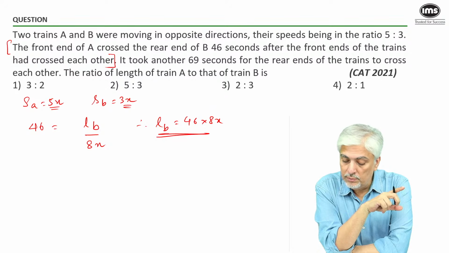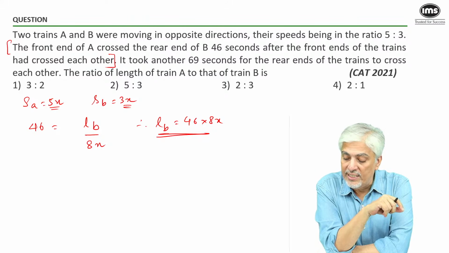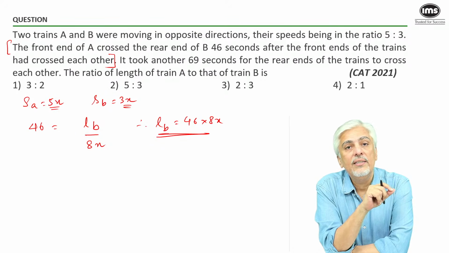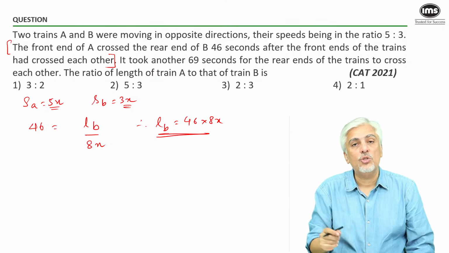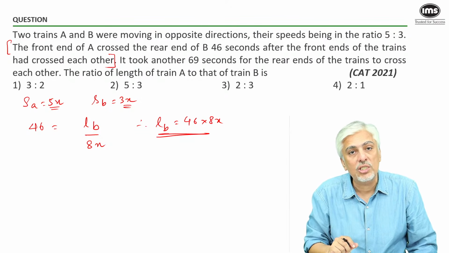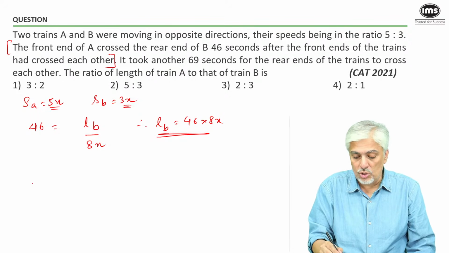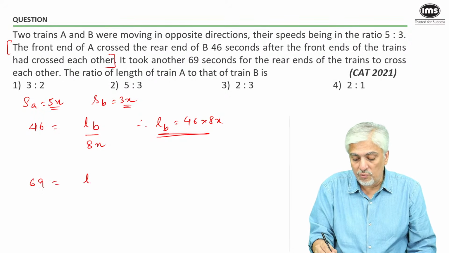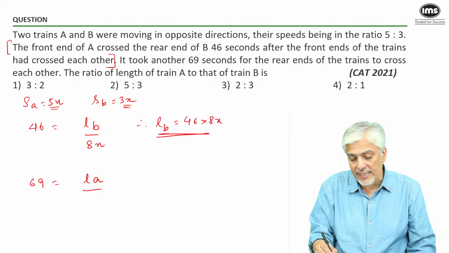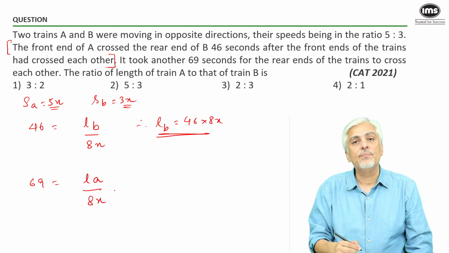It took another 69 seconds for the rear ends of the trains to cross each other. Now, in this case, what will happen? This time, the rear end of A also has crossed. So this time I will consider another 69, and I will not consider B again. So 69 seconds more for the length of A to be crossed, again at the same relative speed 8x.